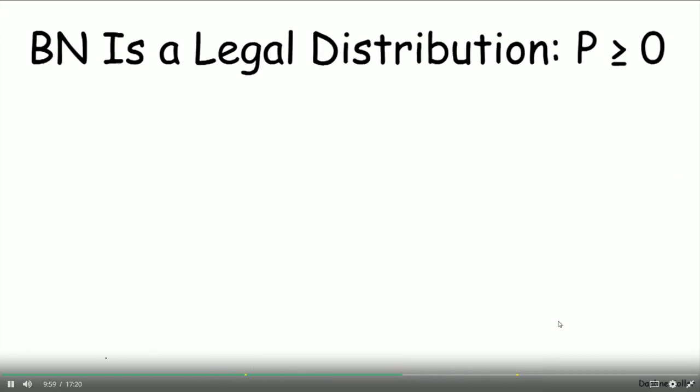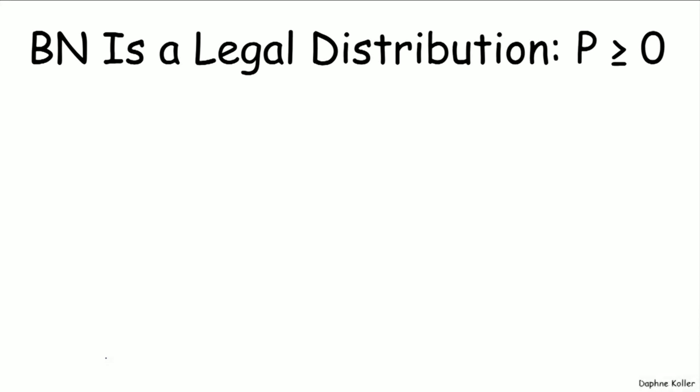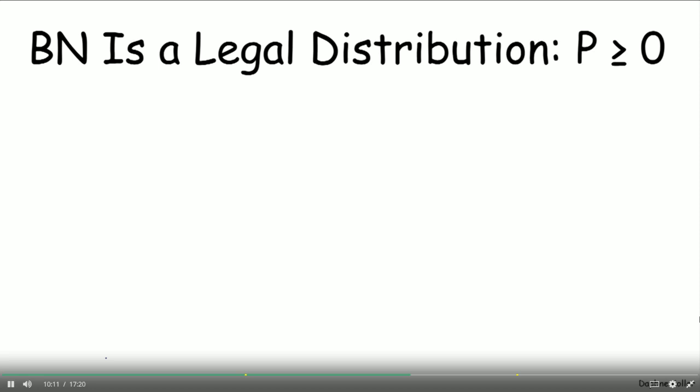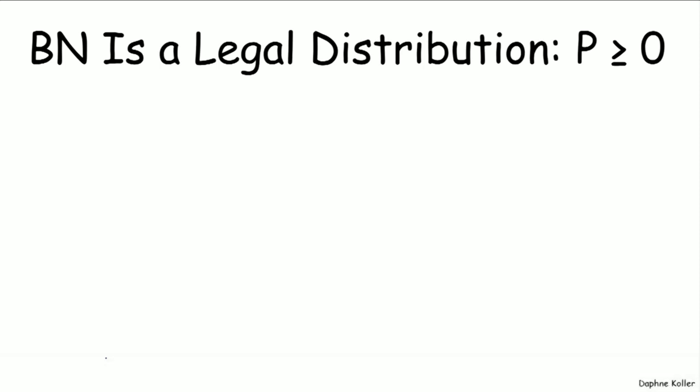So, that's great, and I just defined the joint probability distribution, but who's to say that that joint probability distribution is even a joint probability distribution? So what do you have to show in order to demonstrate that something is a joint probability distribution? First thing we have to show is that it's greater than or equal to 0, because probability distributions better be non-negative. And so in order to do that, we need to show that for this distribution P. And this, as it happens, is quite trivial, because P is the product of factors.